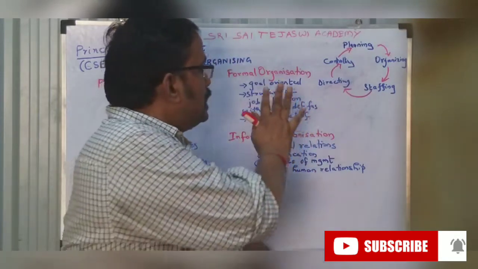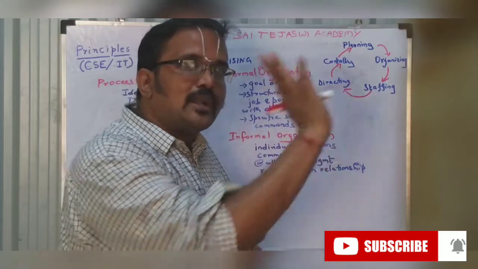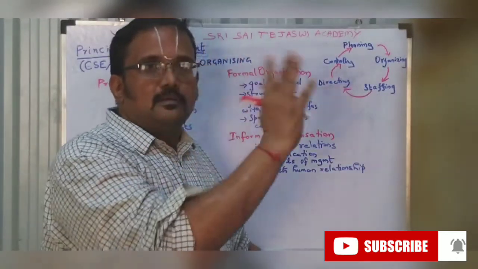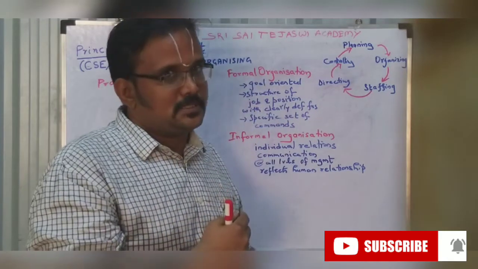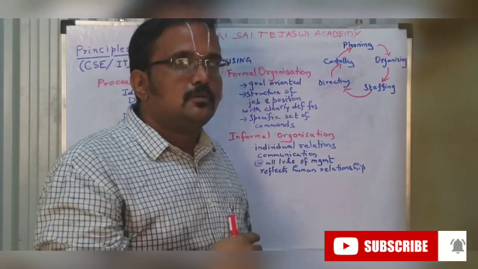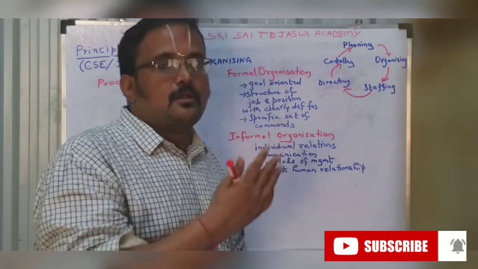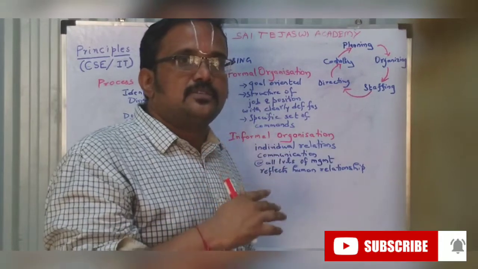Like in military. Military is an example of formal organization. They have to execute what their boss tells. Captain or whatever he tells. Subedar, whoever. Subedar has to say to his major. So whatever major says. So there is CDS, Chief of Defense Staff.